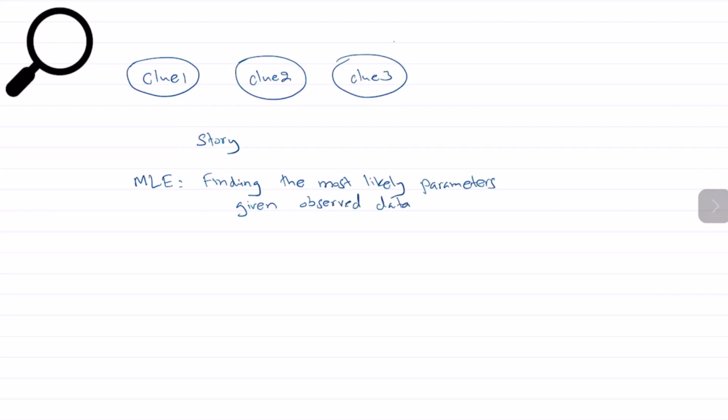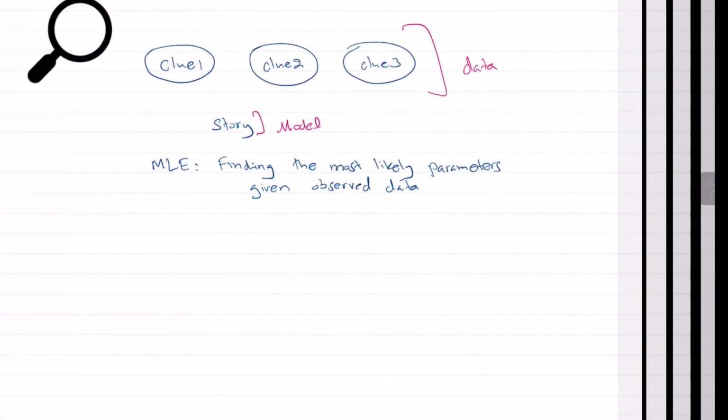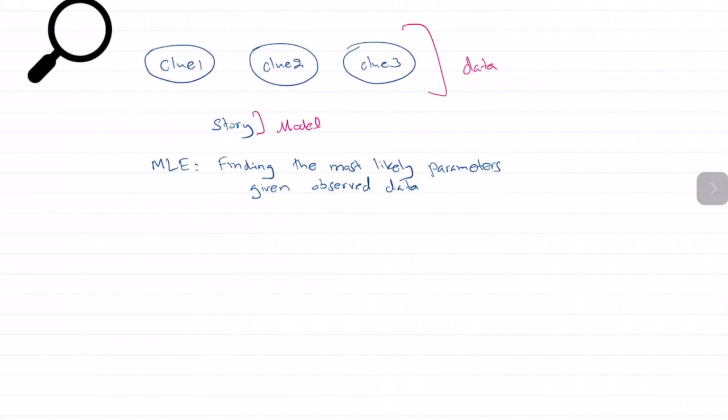So you can think of these clues as data, and the story is a model with some parameters that you estimate. Let's now explain the concept of likelihood.